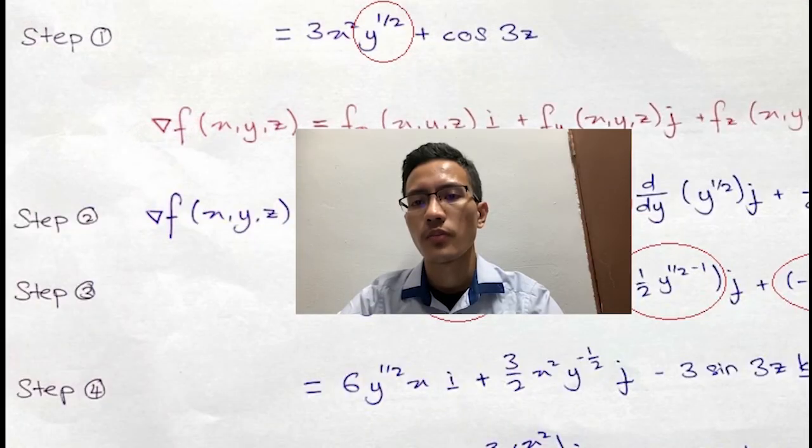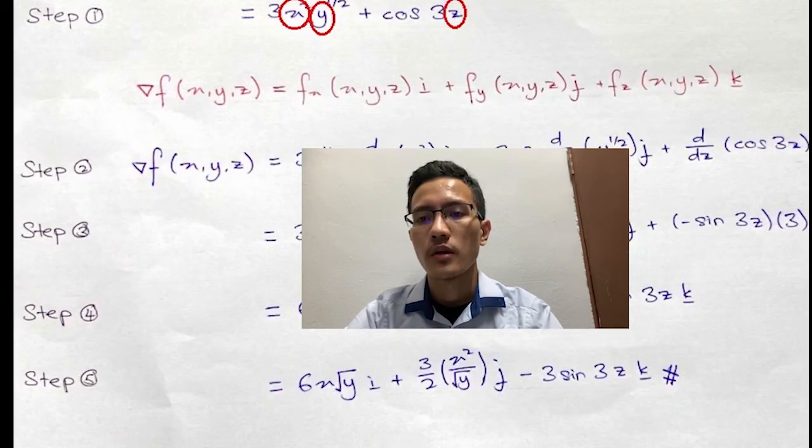In step 4, after we differentiate it, we get 6y to the power of 1 over 2 xi plus 3 over 2 x squared y to the power of minus 1 over 2 j minus 3 sine 3z k. For the last step, we will get 6x square root of y i plus 3 over 2 times x squared over square root of y j minus 3 sine 3z k.